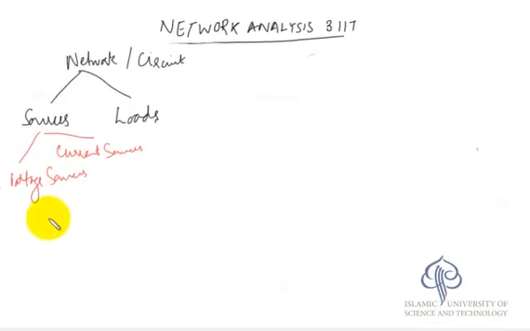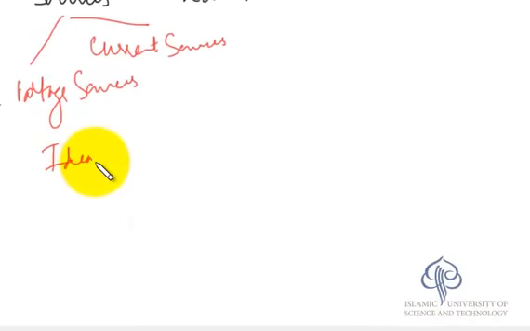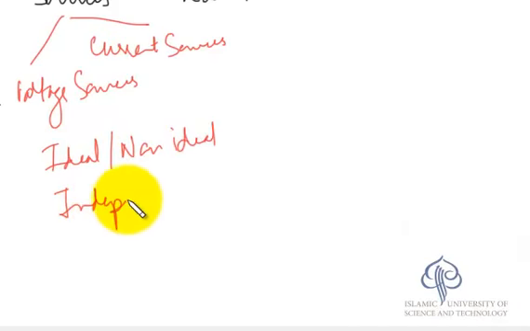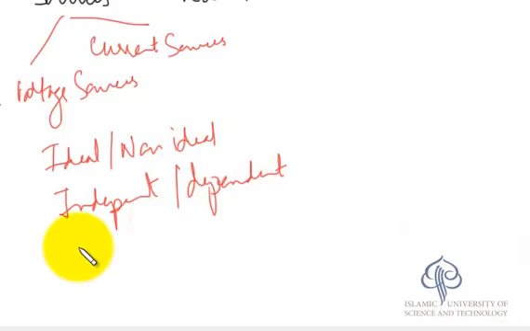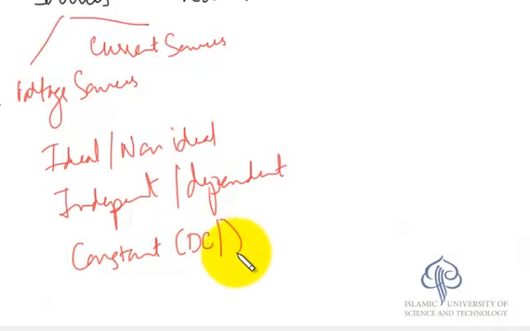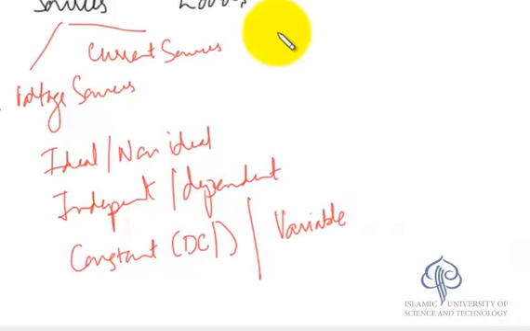The sources may be ideal or non-ideal, independent or dependent, constant in the sense that they may be DC, or they may not be constant, that is, they might be AC sources or variable sources. This is something that we have already learned.